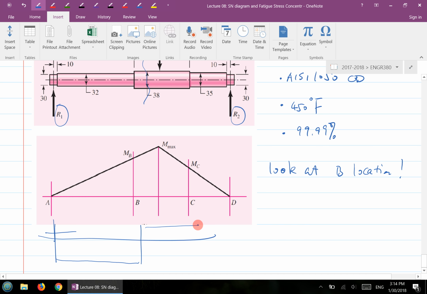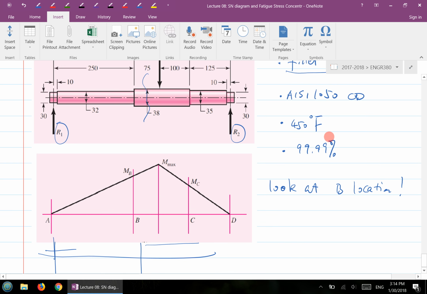This is commonly true for shaft design. So when you cut a cross section here, you don't need to look at the neutral axis location. You only need to consider the top or the bottom, the critical location.